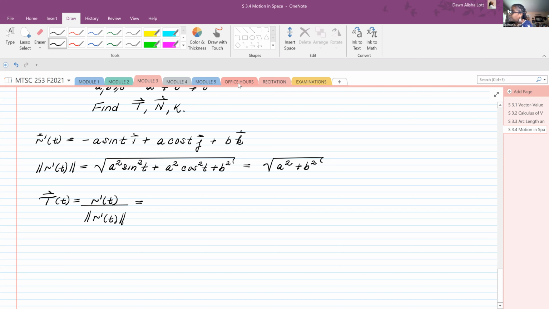So I'm going to take 1 over the square root of a squared plus b squared, and then I'm going to multiply by the vector itself, which is minus a sine of t i plus a cosine of t j plus b k. Okay, nice and simple.